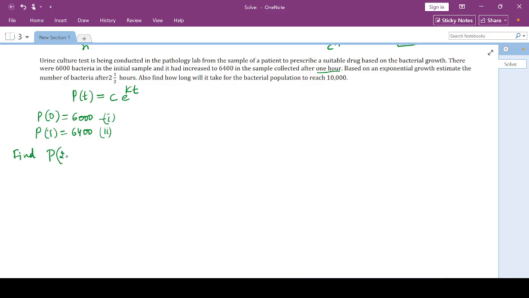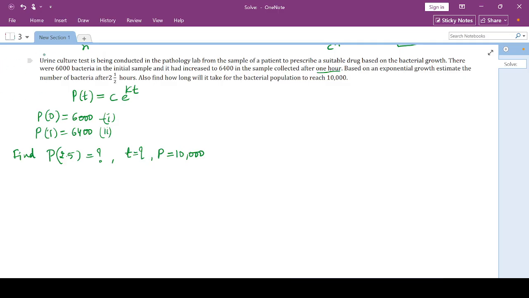And also how long, meaning you need to calculate the time t, when the population of the bacteria reaches 10,000. So it is clear what data they have given. We'll go step by step to solve this example. First, we need to find out the value of C and K.